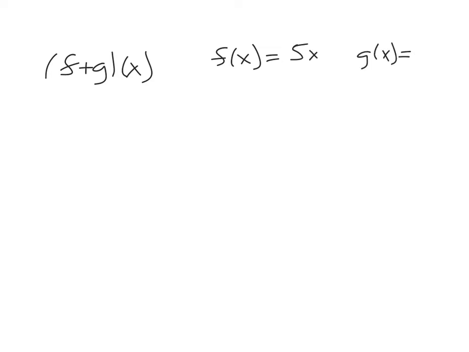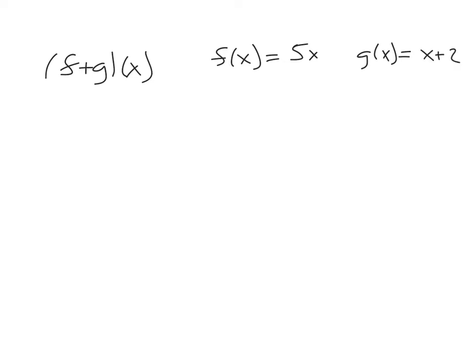So say we had f plus g of x, and we said that f of x was going to be equal to 5x, and we said g of x is going to be equal to x plus 2.